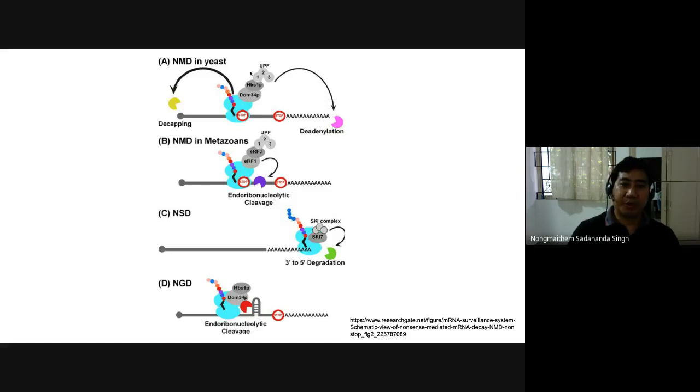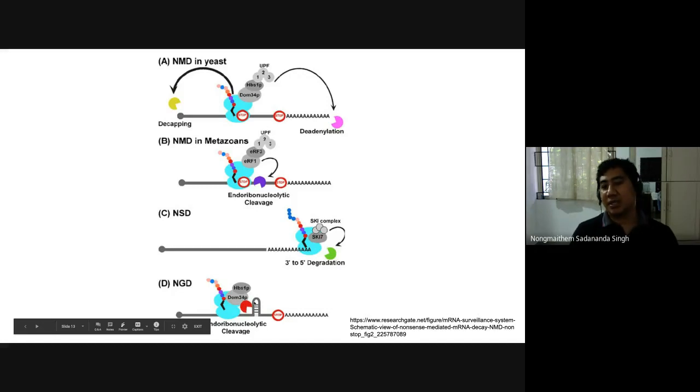In the case of prokaryotes, when ribosomes are stuck in the middle, either by a stop codon or by the presence of secondary structures, the system recruits an endonuclease and cleaves the RNA either at the stop codon or at the secondary structure site.